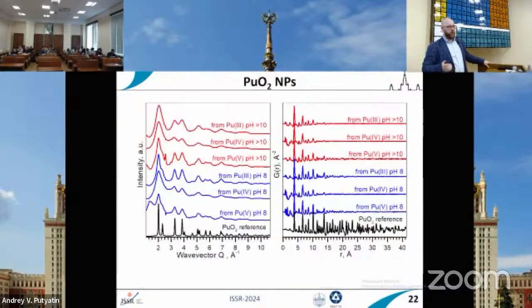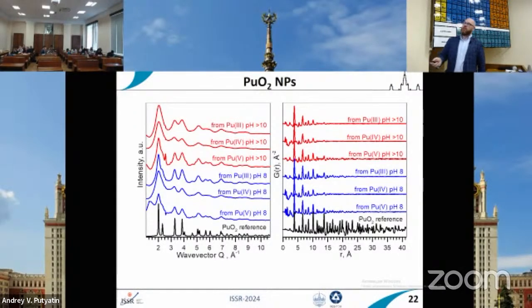Because you know that if you decrease the size of the particle, you have more impact of the surface atoms on the properties of your particles. And with decreasing size, you lose the information from the conventional X-ray diffraction pattern.